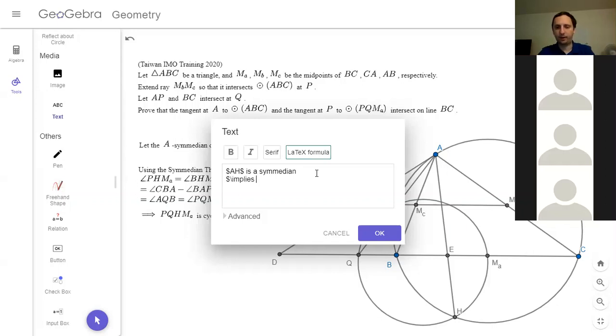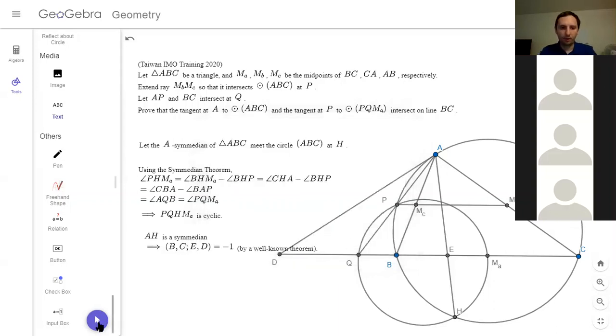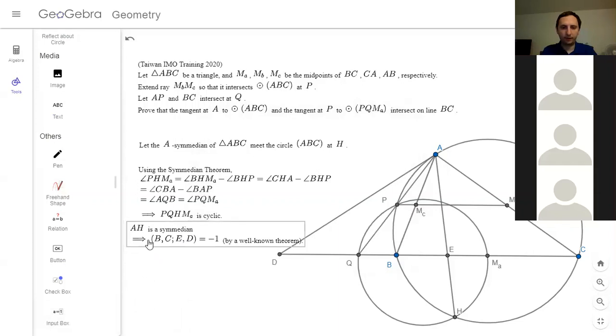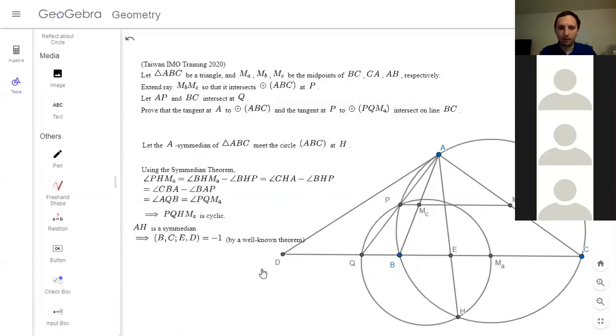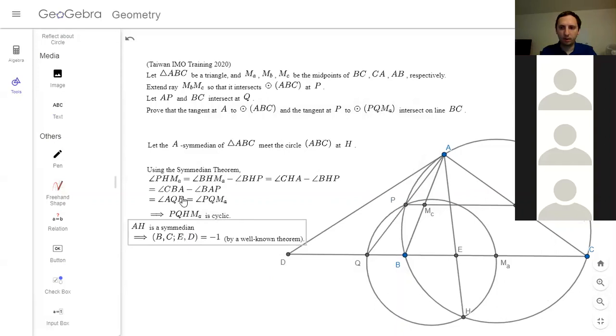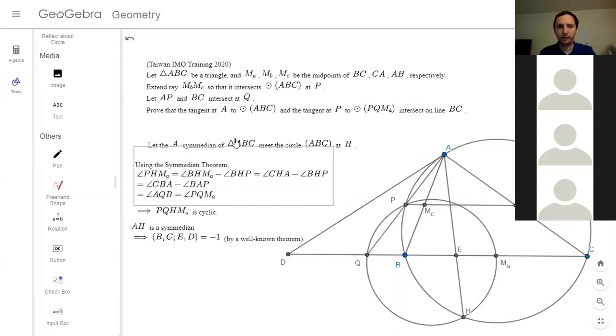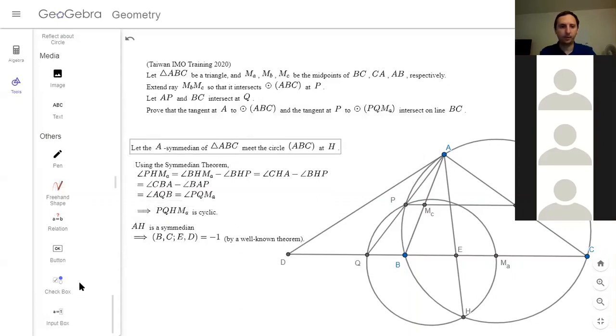That means that E, C, E, and D are in harmonic conjugation by a well-known theorem. And so that means that dB times dC is equal to dE times dMA squared.